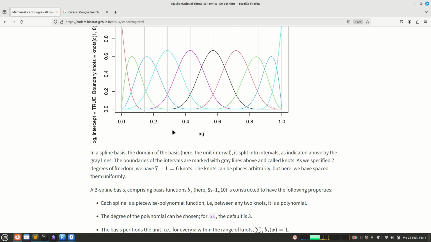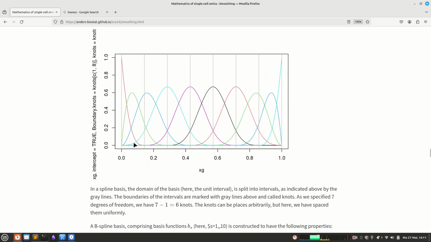First I tell you with what properties in mind I have constructed them. Each of these functions here is a piecewise cubic function. So, for example, the light blue function here is a cubic polynomial from here to here, then another cubic polynomial from here to here. From each gray line to the next gray line, it is a cubic polynomial.